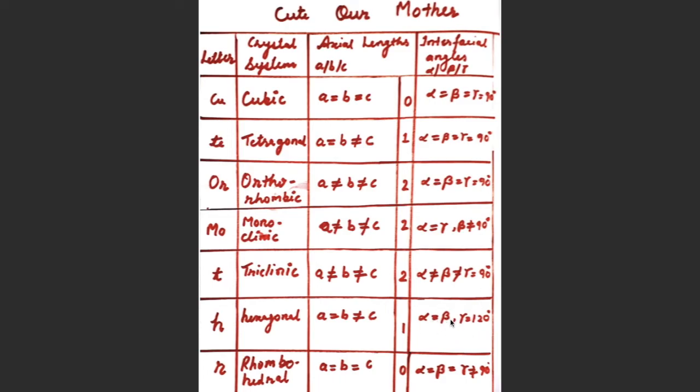Here two angles are equal and one angle is equal to 120 degrees. Again, all the angles are equal but not equal to 90 degrees. So in this way we can learn all 7 types of crystal systems. Cute our mother. 0 1 2 2 2 1 0.